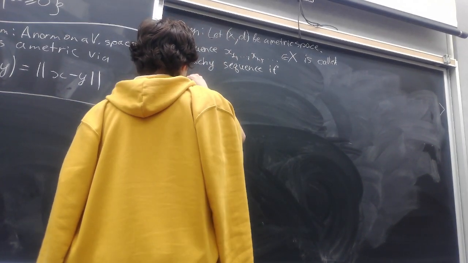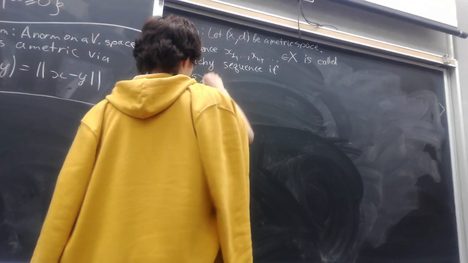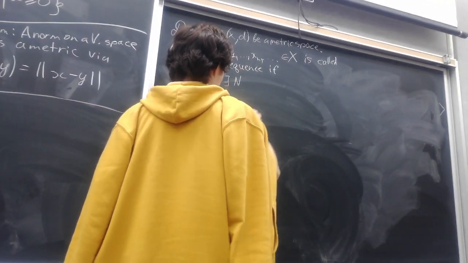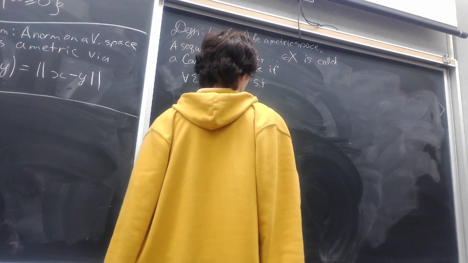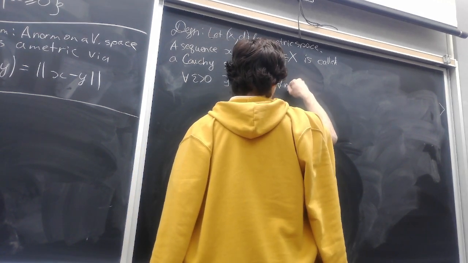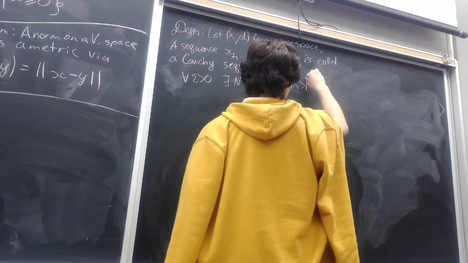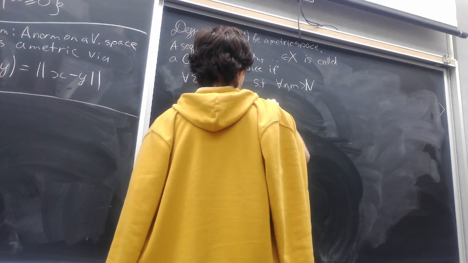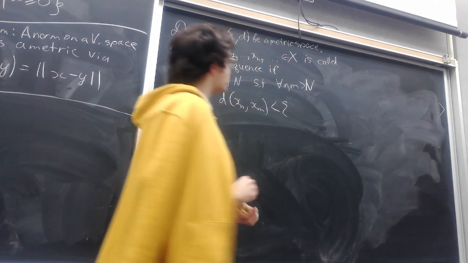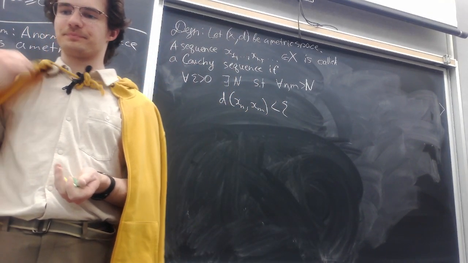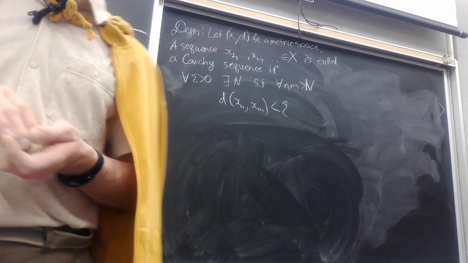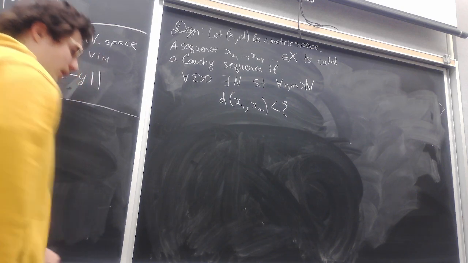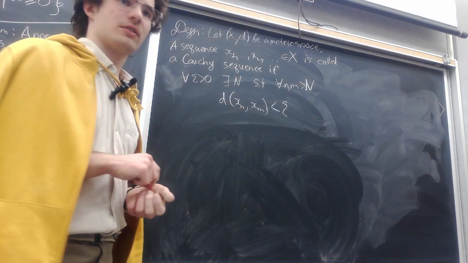For all epsilon greater than 0, there exists a capital N such that for all little m greater than N, the distance between xN and xm is less than epsilon. Okay. So let's maybe think about what this means. Does anyone have a sense of what this means?